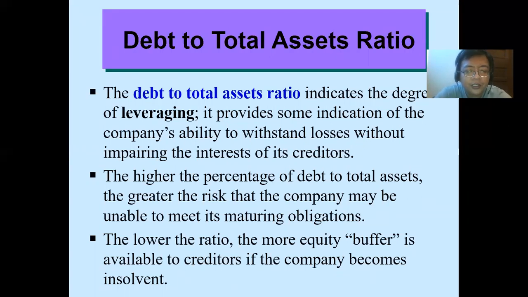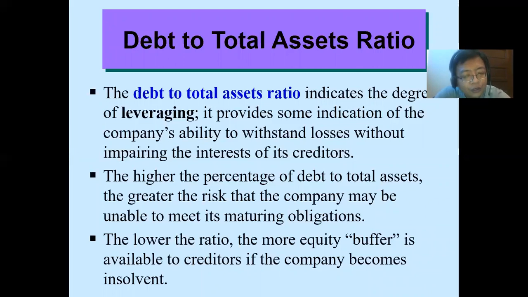Okay. So take note of the second bullet. No? The higher the percentage of debt to assets, the greater the risk, no, that the company may be unable to meet its obligations. Why? Because if you have high percentage, meaning you have high debt, sometimes you cannot be able to pay for your obligations.